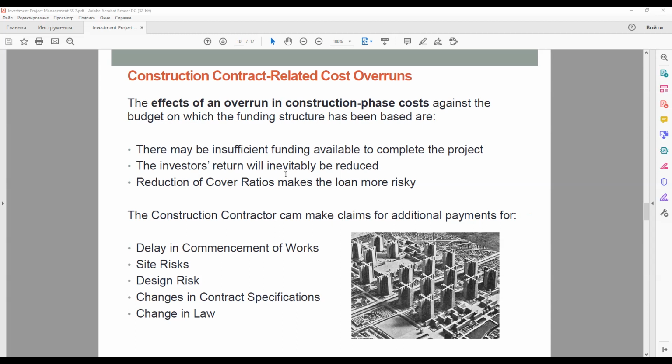Therefore, the investor's return will inevitably be reduced. In the worst case, it could lead to the sponsors abandoning the project because the increased costs destroy its financial viability. From the lender's point of view, any increase in the debt reduces their cover ratios and thus makes the loan more risky.